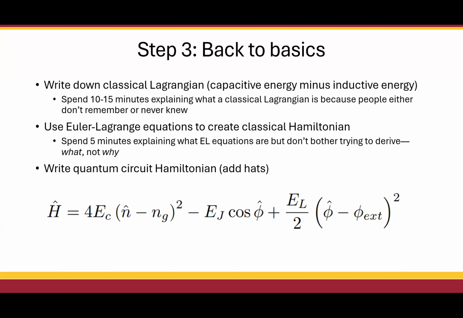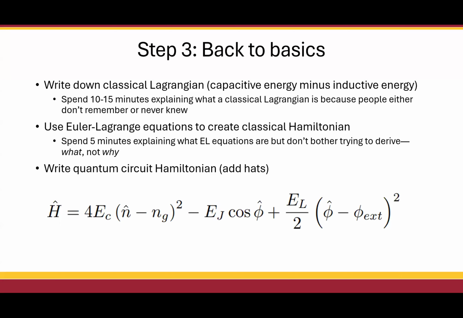So go over it quickly, 20 minutes, 15 minutes. What, not why. What, not how. Don't go into Lagrangian mechanics. They don't need to know Lagrangian mechanics. They need to know the Lagrangian exists, and they can just trust you that it works. All right, there's going to be a lot of trust me in classes like this.